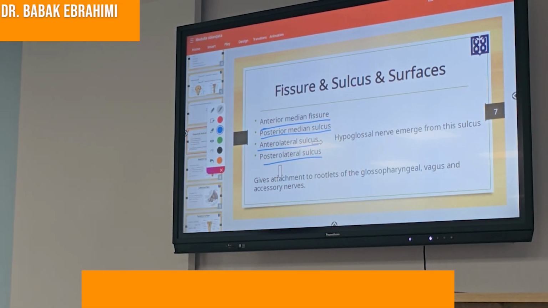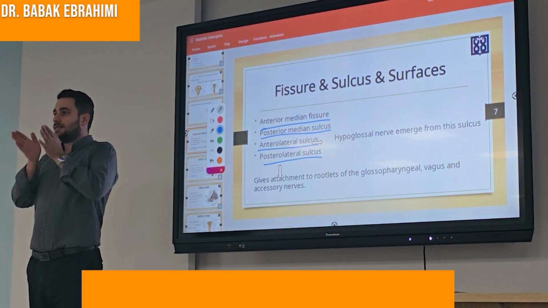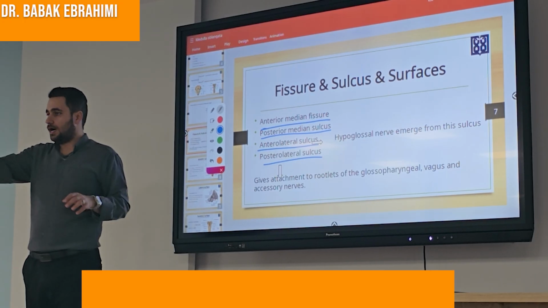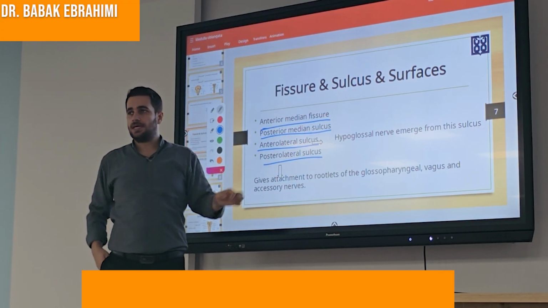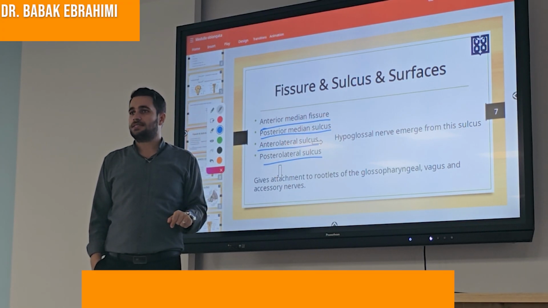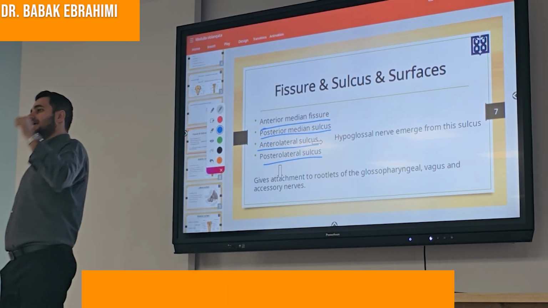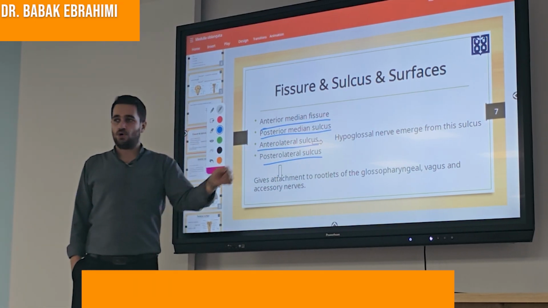I told you the anterior median fissure is for the artery, the anterolateral for motor rootlets, the posterolateral for sensory rootlets, and the posterior median sulcus for veins. And also I told you each of them has a vein. What about the medulla oblongata? The anterior median fissure and posterior median sulcus are the same as in the spinal cord. What about the anterolateral and posterolateral?